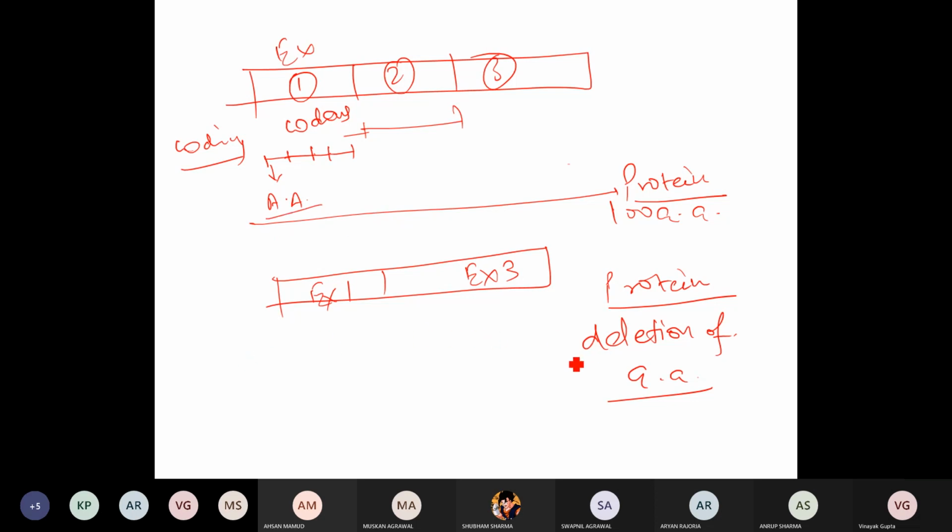Now you can imagine, if several amino acids are deleted in a protein, this protein is going to be non-functional. And if a particular protein is non-functional, definitely that function is missing in the cell and it will lead to a disease condition. Are you able to follow? All right, sir. Got it, sir. Okay.